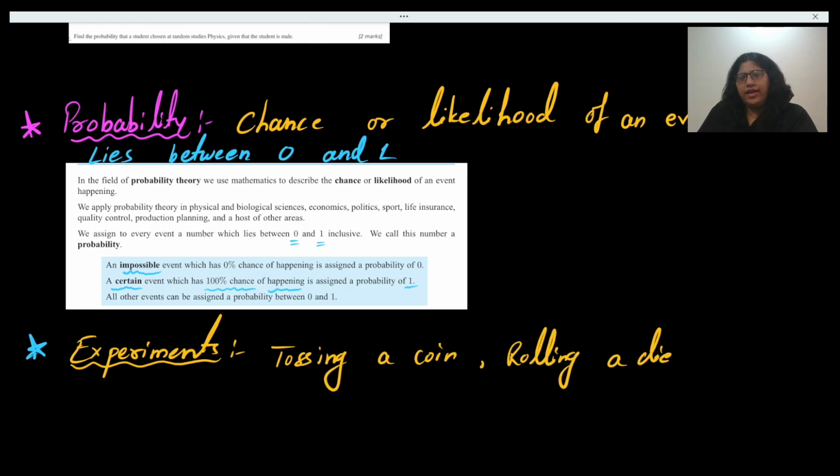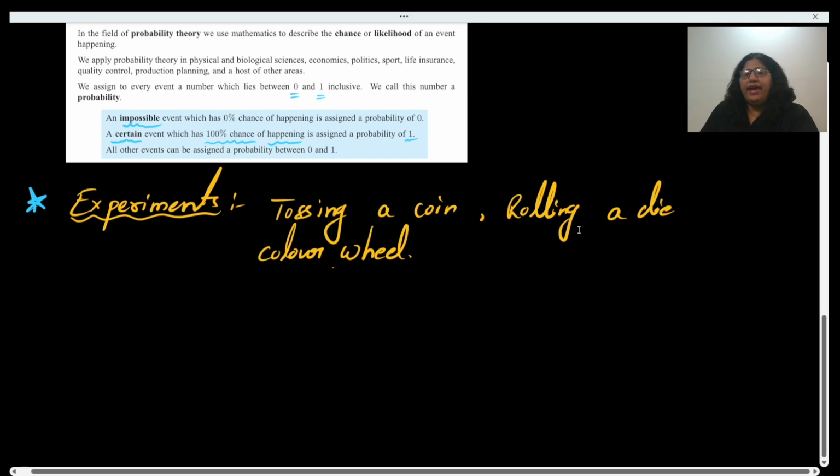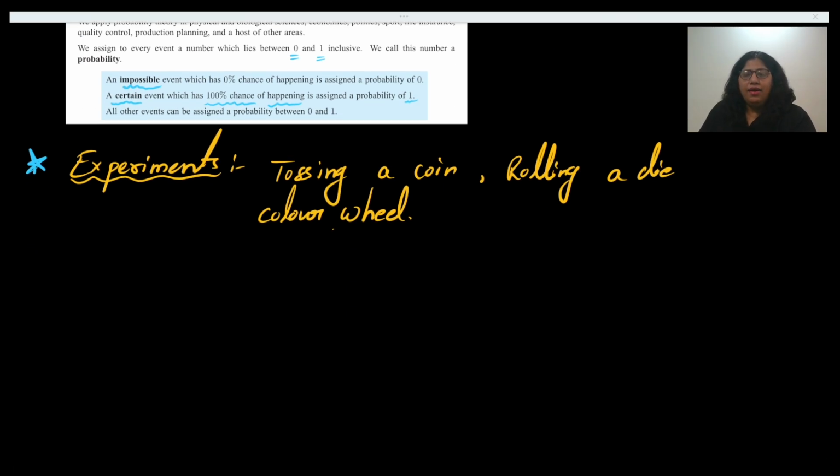That is also an experiment. Or if you have a color wheel, you find out which color the arrow is going to fall on. All these are experiments because you are experimenting and finding the probability. That's why these are called experimental probability.